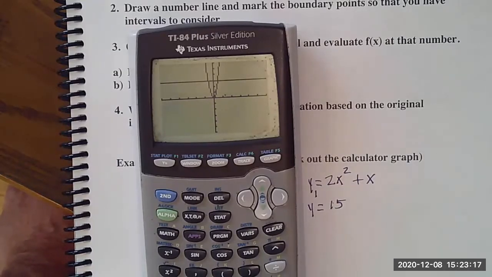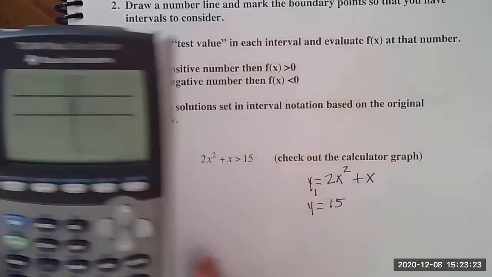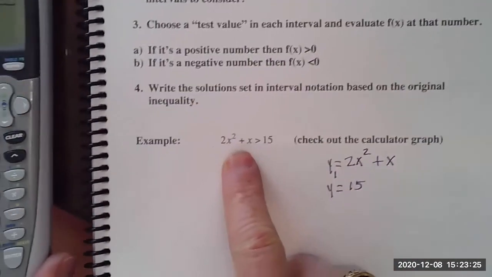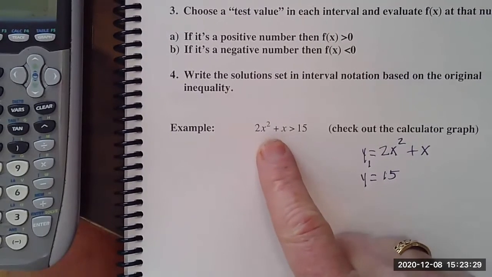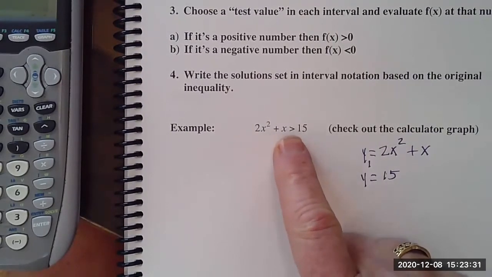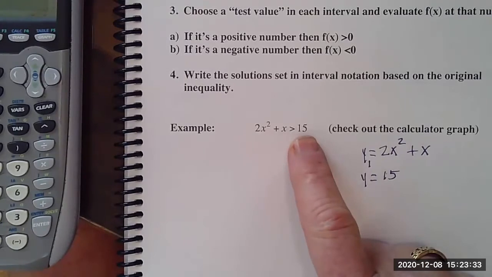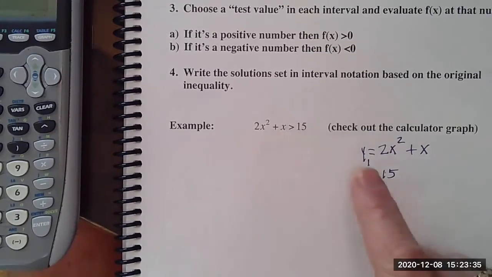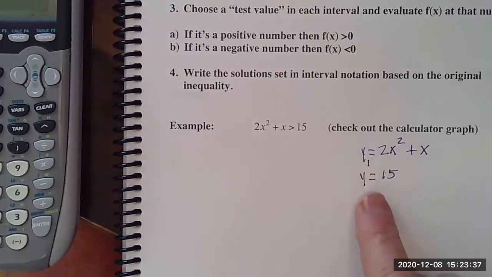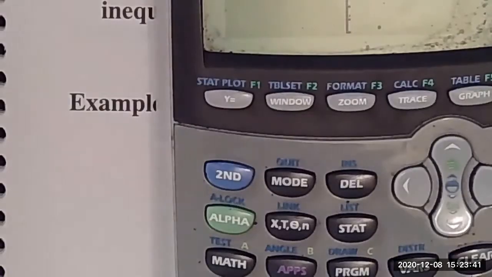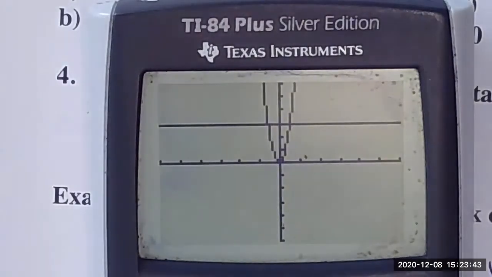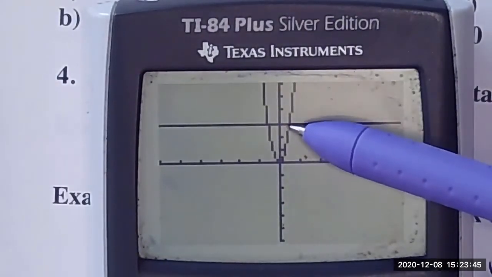Now, the image that you see here says all the answers from the parabola on the right-hand side, that means all the y values have to be bigger than 15. So if you zoom in here, visually, what that says is, okay, here's 15, all the y values.